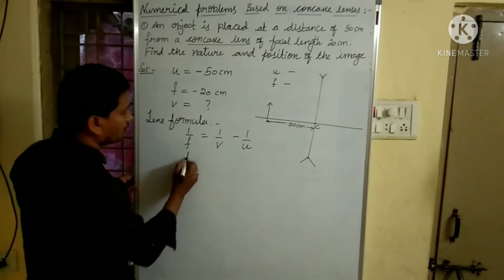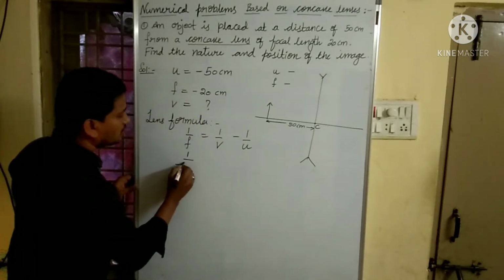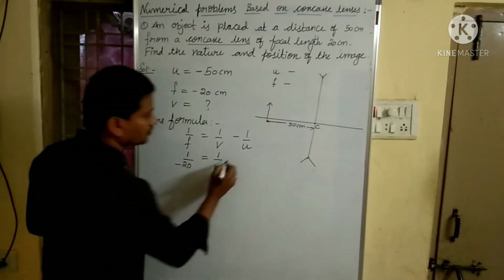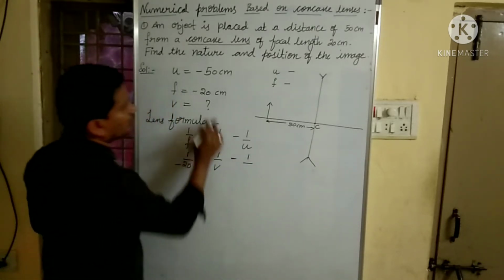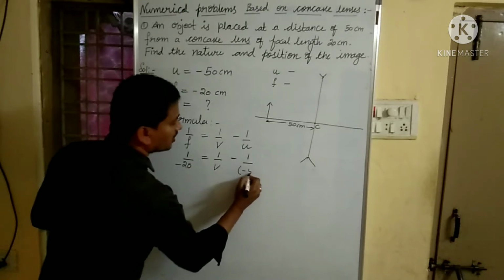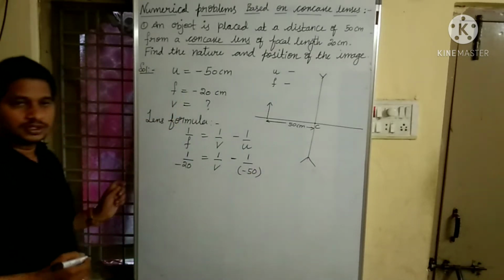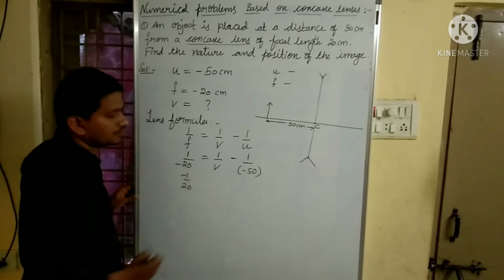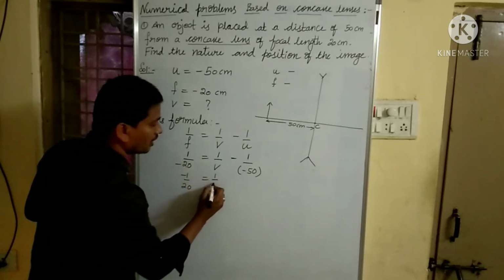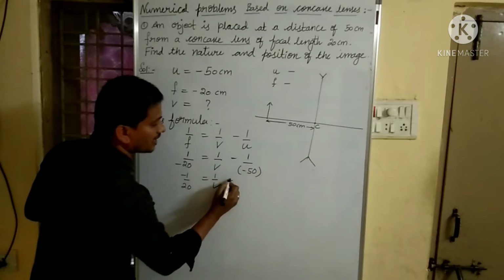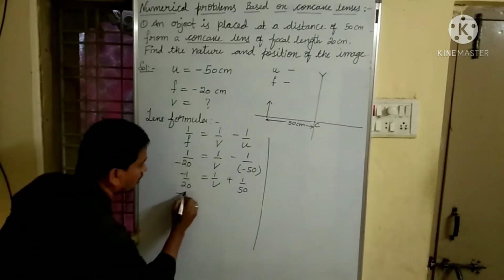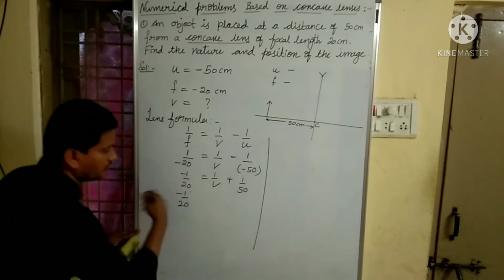So 1 by focal length, which is minus 20, is equal to 1 by v minus 1 by u, where u is minus 50. So we can write minus 1 by 20 is equal to 1 by v plus 1 by 50.